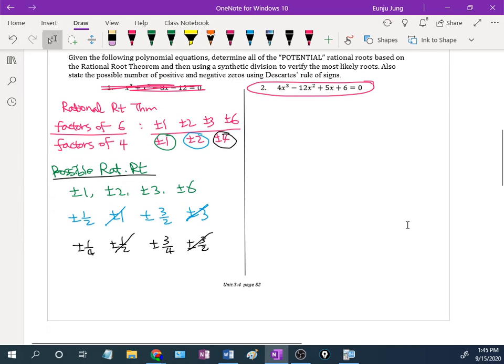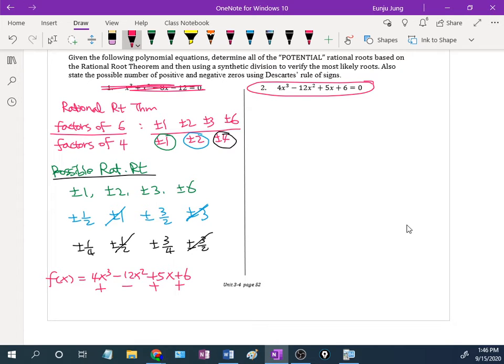And by using the rule of signs, Descartes had the idea of how many positive and negative solutions we will get. So let's use those. Let's start with f of x, changing the color to red again. f of x is 4x cubed minus 12x squared plus 5x plus 6 from this problem. Let's check the signs: plus, minus, plus, plus.